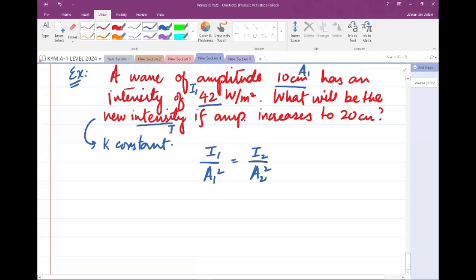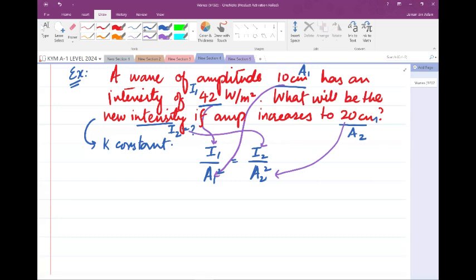You are asked to find out the new intensity I2. If the amplitude increases to 20 centimeter, that's going to be A2. Now we would just have to substitute the values. Instead of I1, we place 42. Instead of A1, we place 10. Instead of I2, we can't place anything because that's what we need to find. Instead of A2, we are going to substitute 20.